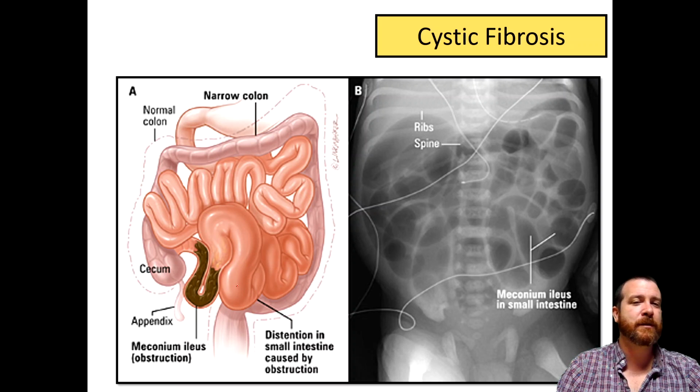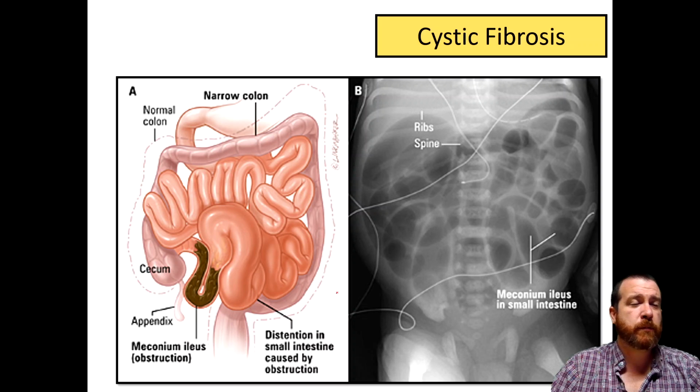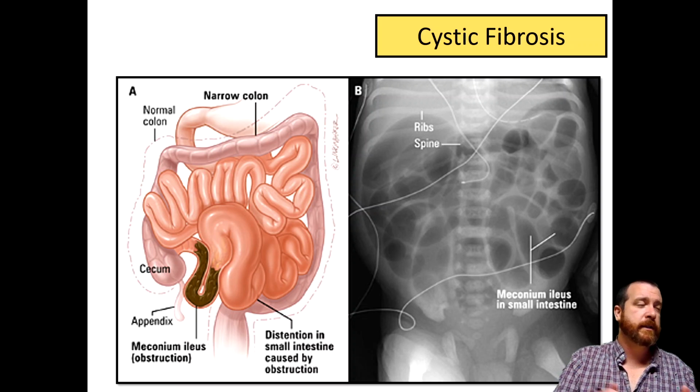So when the meconium is being produced, this secretion ends up actually causing a blockage because it is too thick and too sticky. In patients that are just born, we really want them to pass a bowel movement, right? We want them to poop because that's a sign that they don't have cystic fibrosis.